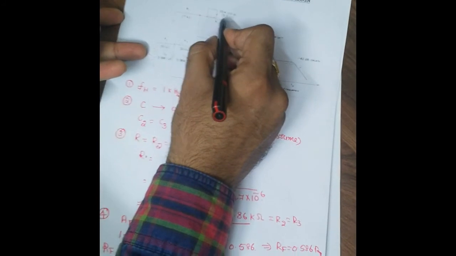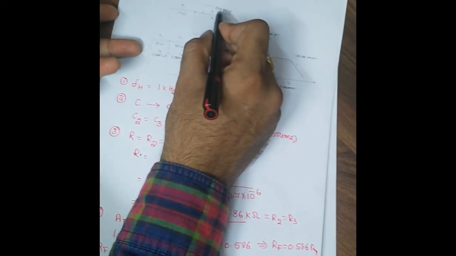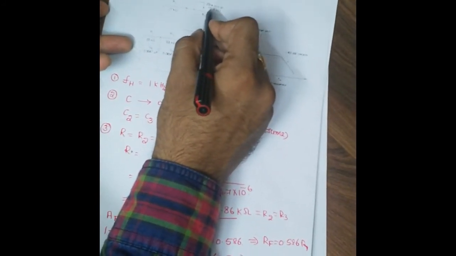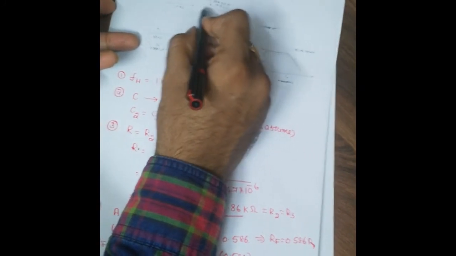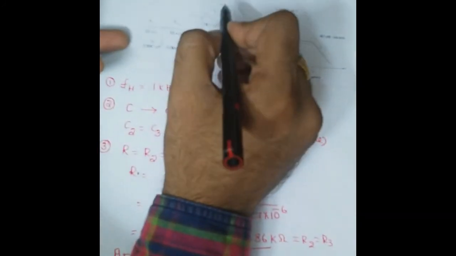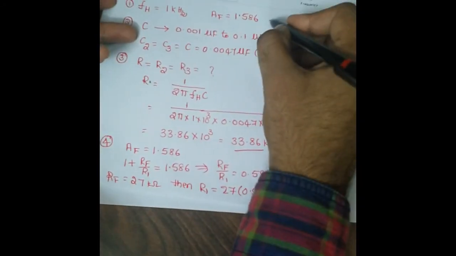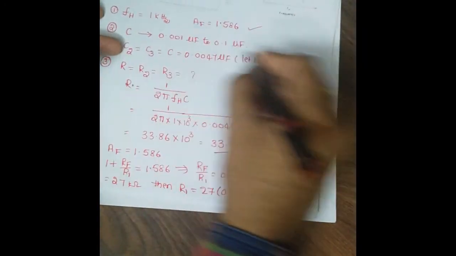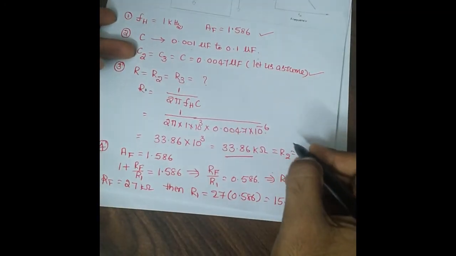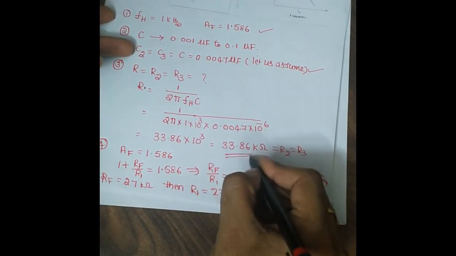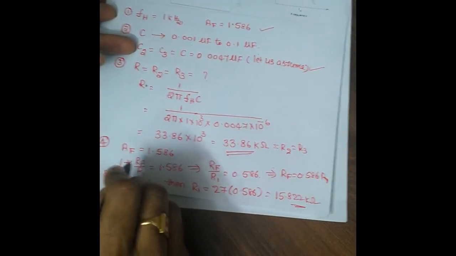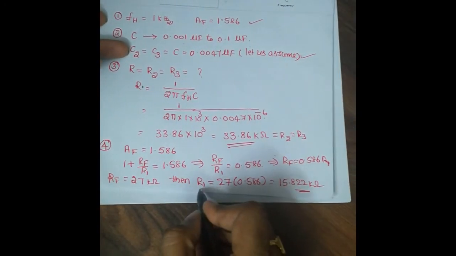Otherwise, you may take a fixed value of 16 kilo ohm. And the corresponding RF is 27 kilo ohm. So we got the value of higher cutoff frequency, and C we assumed, and in the third step we calculated the value of R2 and R3, and after that we calculated the value of R1 and RF.